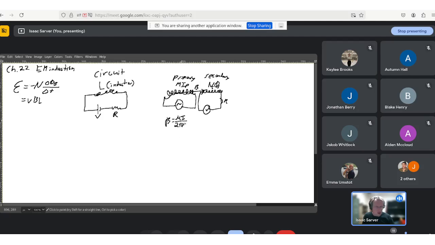So this is the B field for a wire. Notice that it is proportional to current. So whatever the B field coming off the primary is will be proportional to that current. And this M embodies something about the geometry of this guy here. In fact, it actually embodies something about the geometry of the whole situation.